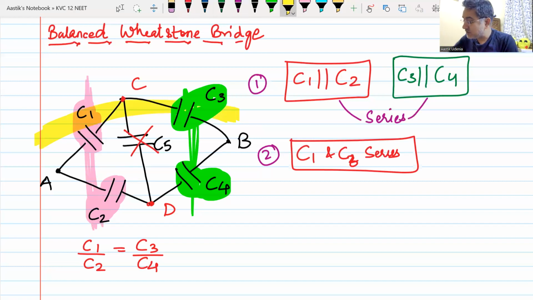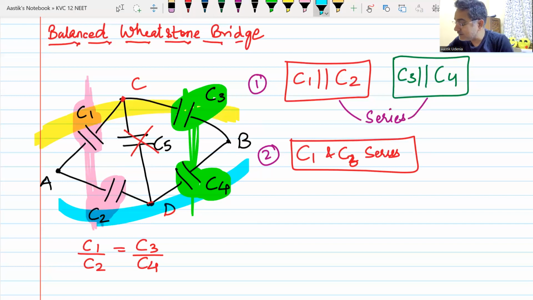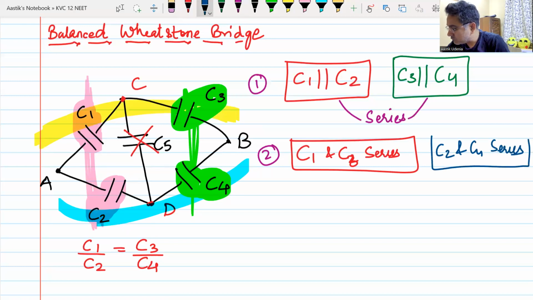Then the lower branch, C2 and C4 are in series. And then these two branches, the upper branch and the lower branch, come in parallel.